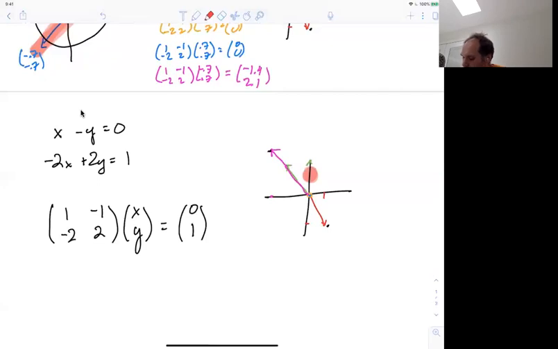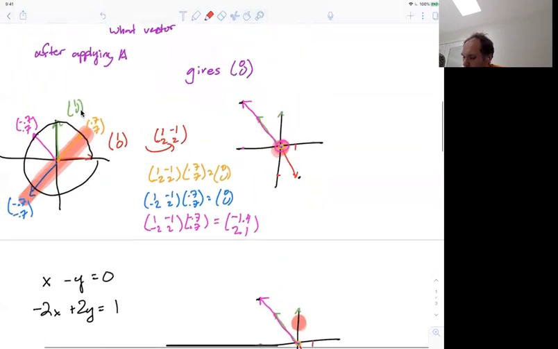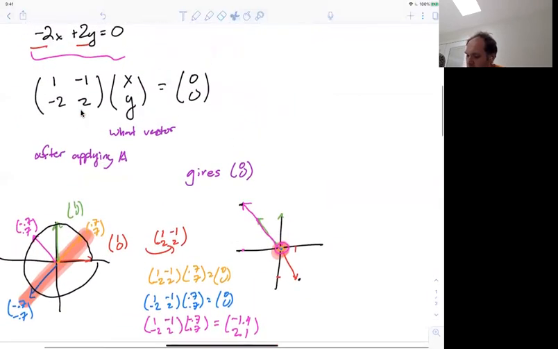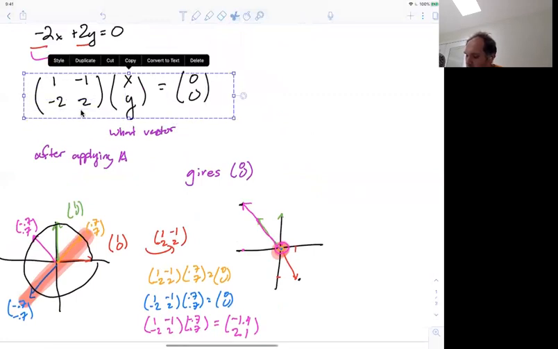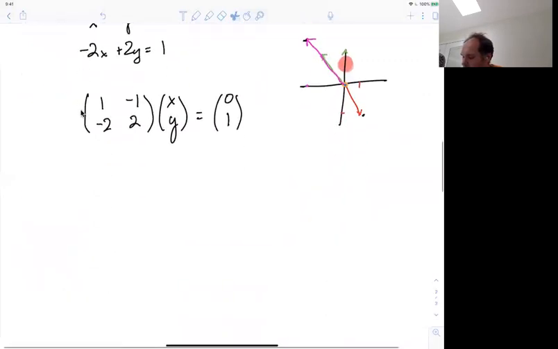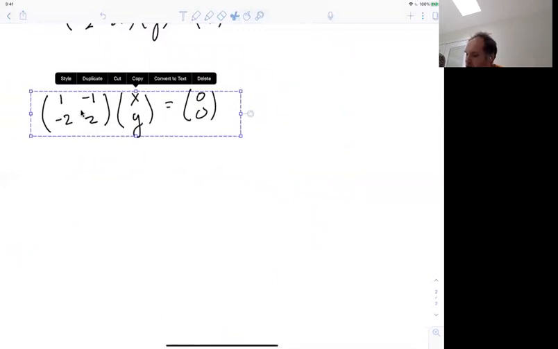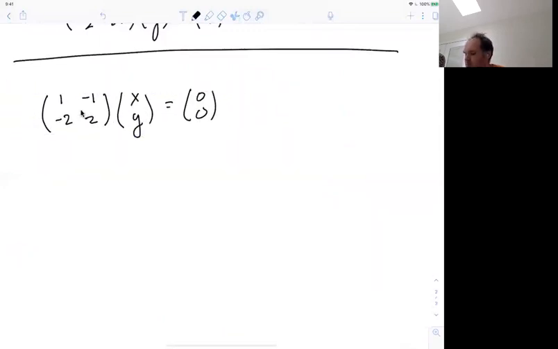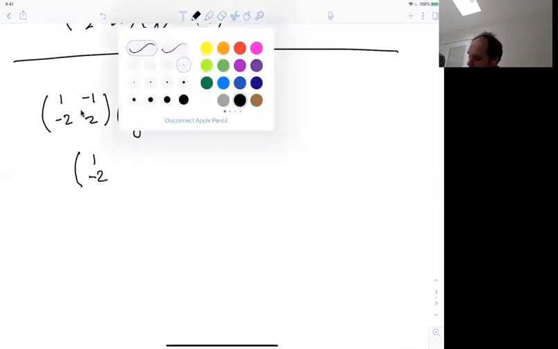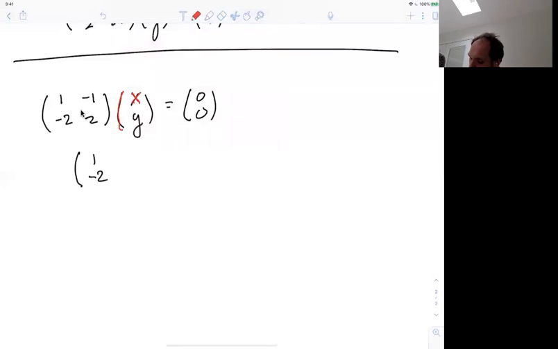So let's do each of these examples separately. Let's go back here. We're going to take this one and do some row operations on it. So let's create an augmented matrix. We're just going to get rid of this part right here and turn that into a horizontal line.